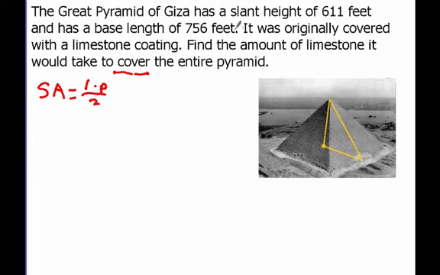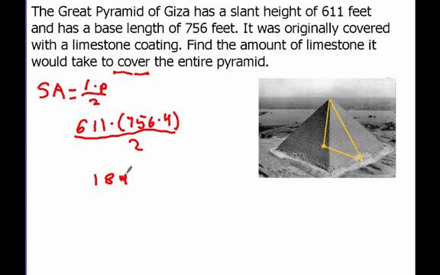So to do this, we take the slant height, 611, times our perimeter, which is 756 times 4, because the pyramid has a square base, all divided by 2. So if we do this multiplication across the top, we get, oh, actually I'm wrong on that, 1,847,664 divided by 2.